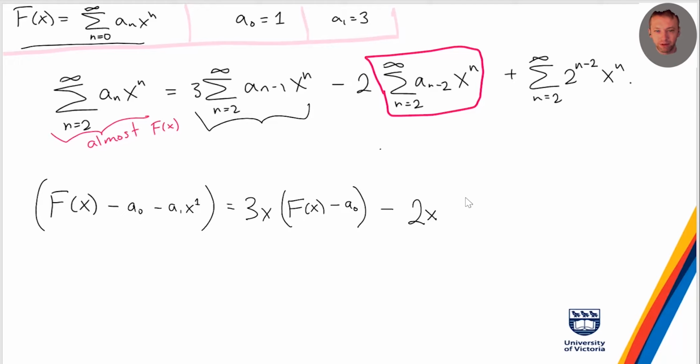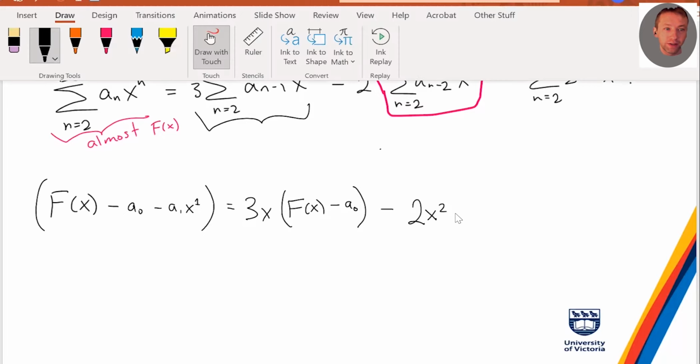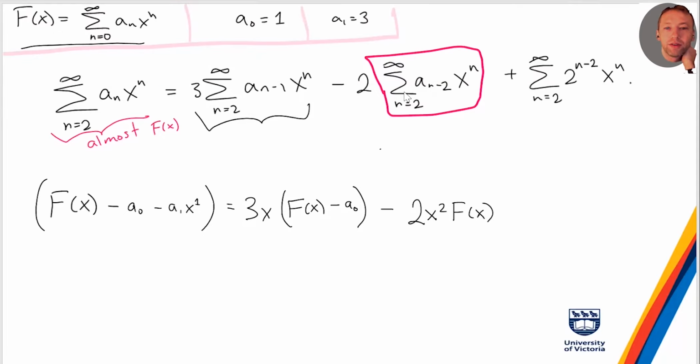I pull out an x squared, so I can start at n equals 2 to infinity a n minus 2 x to the n minus 2. But if you think about plugging in 2, really this is starting at 0 because it's a0 x to the 0. So in terms of f, it's actually just the function f. So it's x squared times f of x, because this includes all the terms of f.